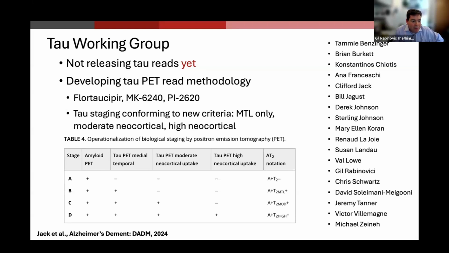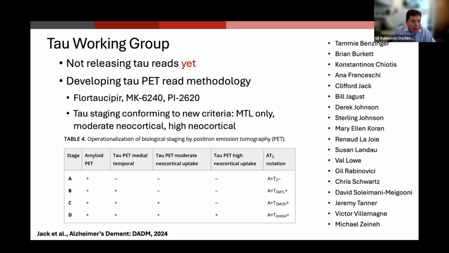And so on the bottom left, you see the table from Cliff Jack's criteria paper, where people who have a positive amyloid PET but no uptake on tau PET are deemed biomarker stage A. If tau PET uptake is limited to the medial temporal lobes, it's biomarker stage B. If it extends to the neocortex, but there's moderate uptake, that's biomarker stage C. And finally, high neocortical uptake is considered biomarker stage D.